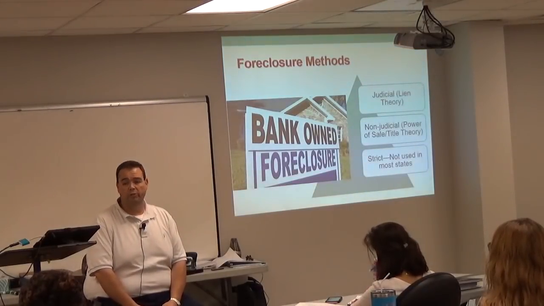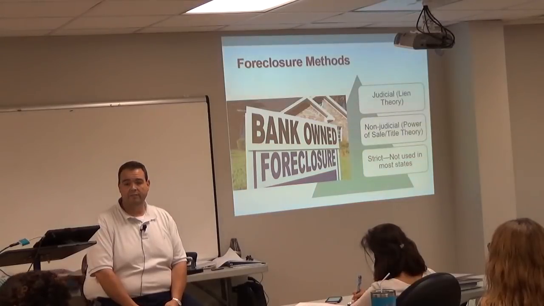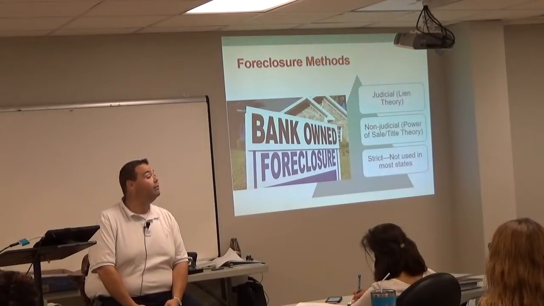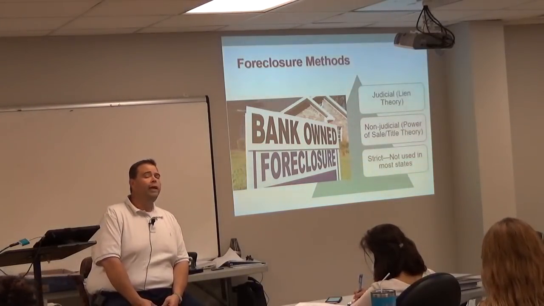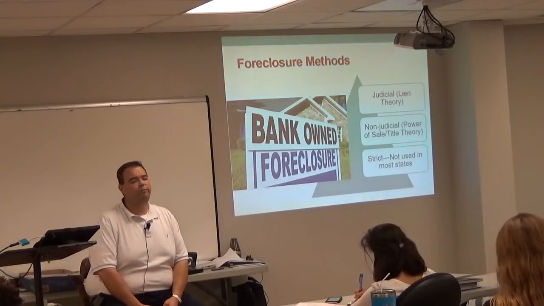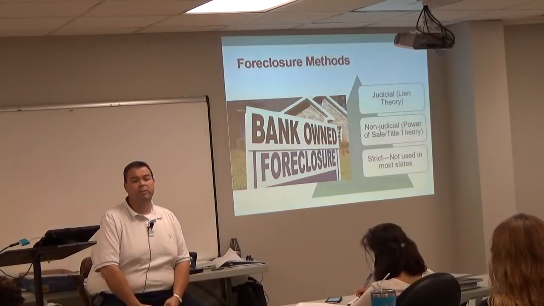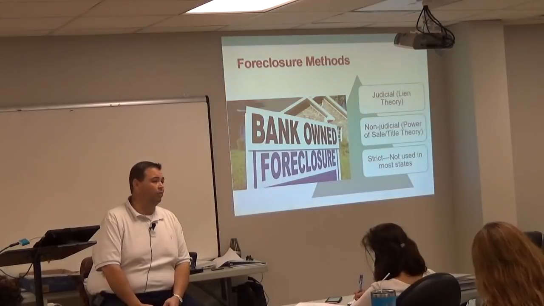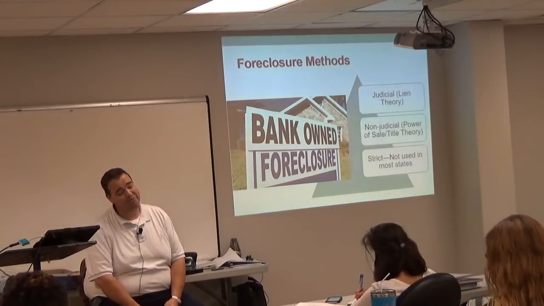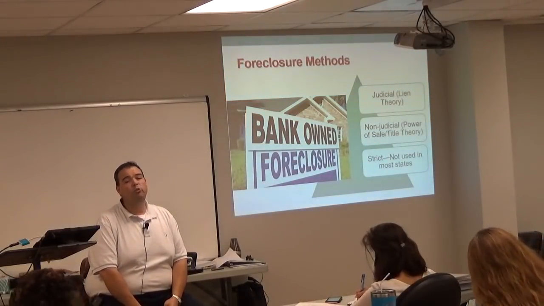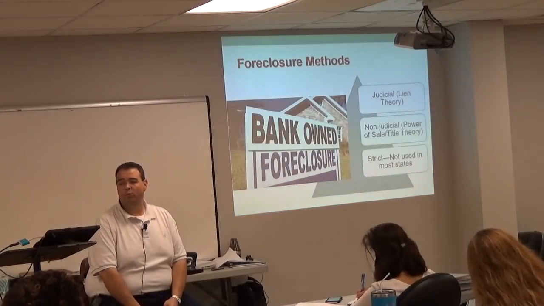Non-judicial foreclosure happens in a title theory state, and not in a court of law. Now there's a possible third method of foreclosure. You don't need to know much about it because it doesn't happen very often. Actually though, it's the one you thought was foreclosure.